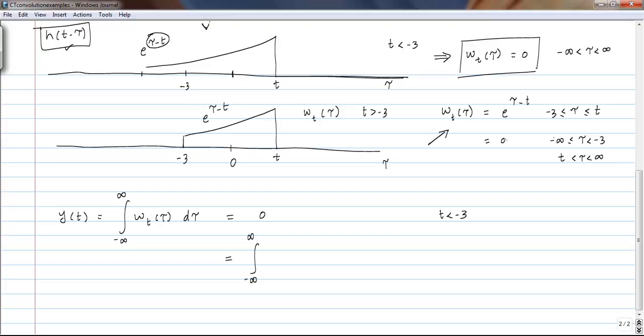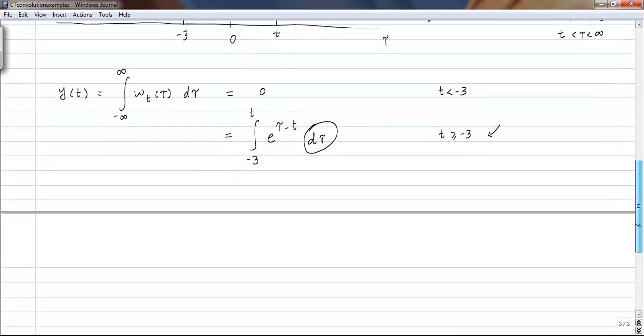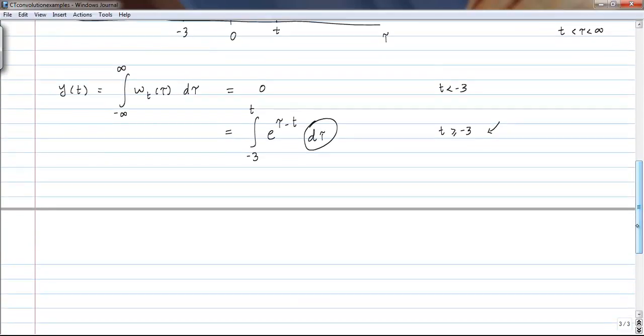You can see that this function is 0 except when tau takes this range of values. So this can be written as the integral from minus 3 to t of e raised to tau minus t d tau, for all values of t greater than minus 3. It's really important to understand that this is a range for t, whereas this integral is with respect to tau. Essentially, to determine y of t at every value of t, we actually have to perform an integral with respect to tau.